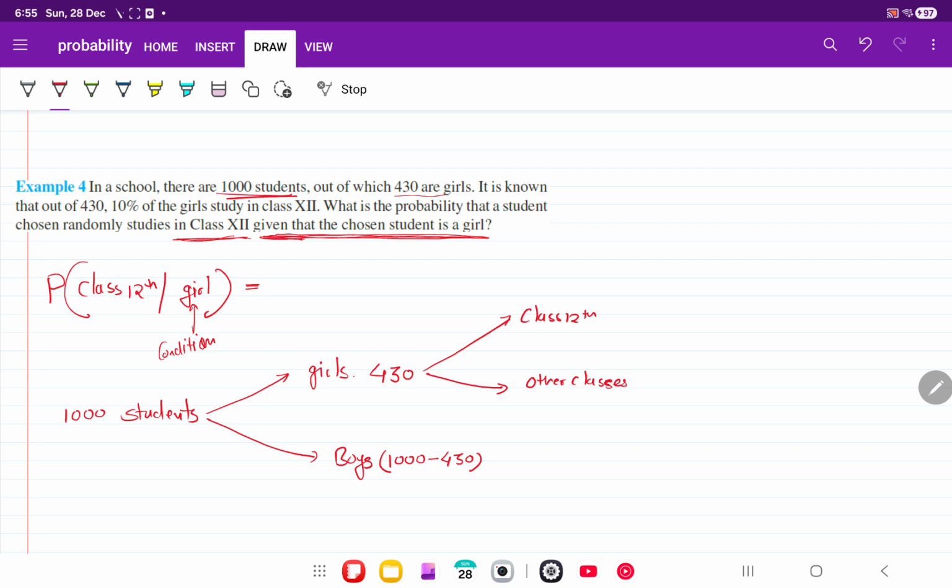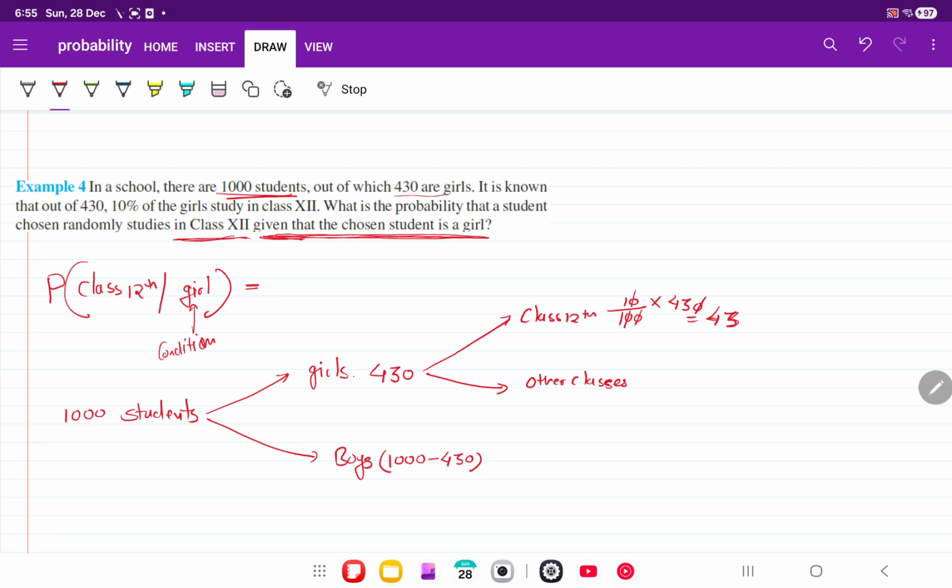So who is in class 12th? 10%. Okay. So let me write down 10% of 430. So how many girls? The 0 cancels. So how many girls are in class 12th? It is 43.